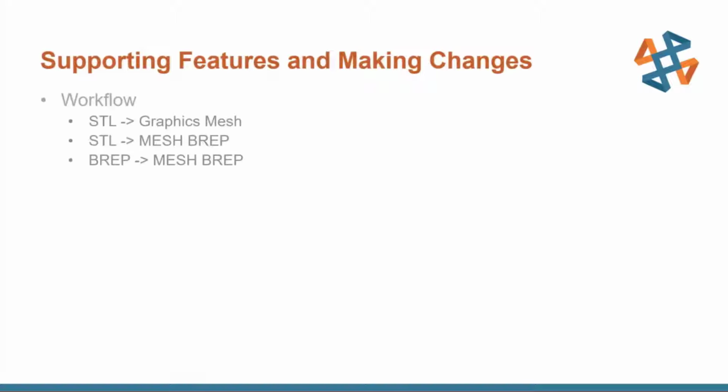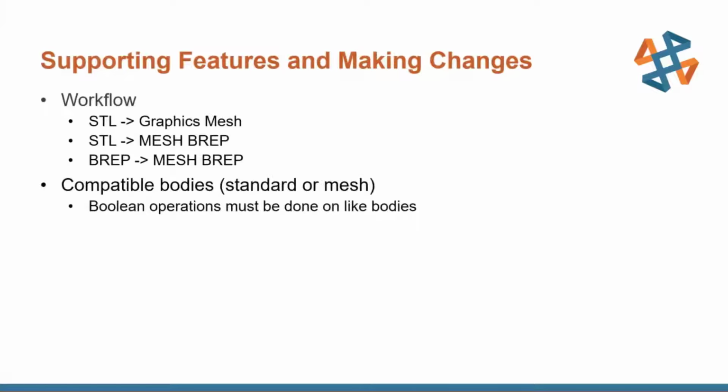So the workflow, of course, when you import, you can either go right from an STL to either a graphics or a mesh body, or to a regular BREP body, and then that BREP body could be converted to a mesh file if needed. But they do need to be compatible bodies.